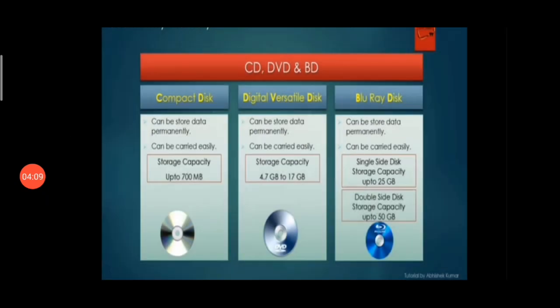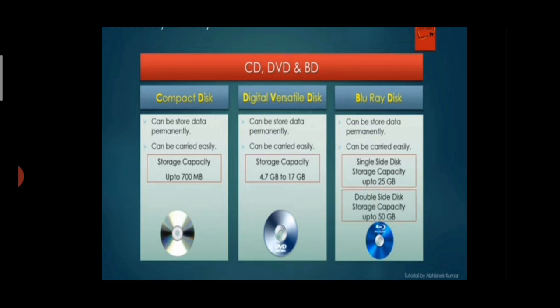It can also store data permanently, it can also be carried easily, and it looks just like a CD. Now next is Blu-ray disc.